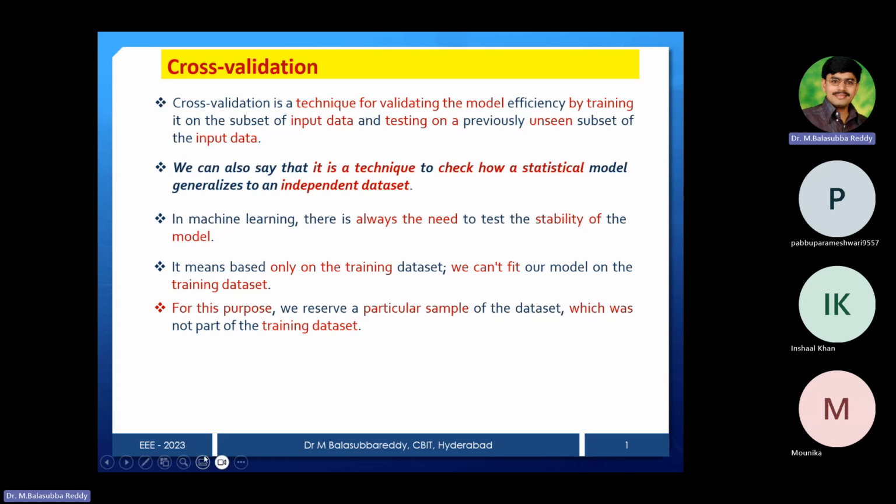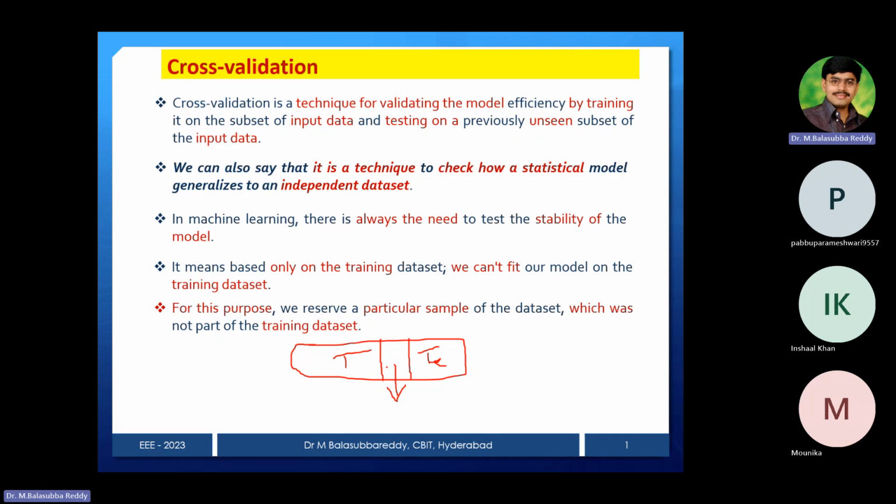In the previous slide I mentioned, this is the total data set. In this data set, the maximum portion will go for training, and another we call testing. In this process, in the training data itself, we'll take some portion separately. We'll reserve this portion for validation purpose.